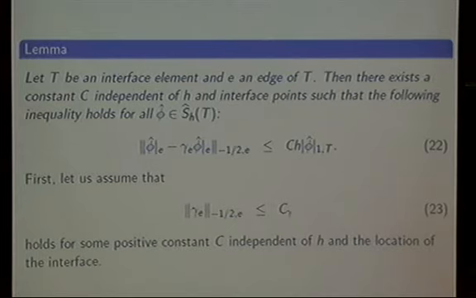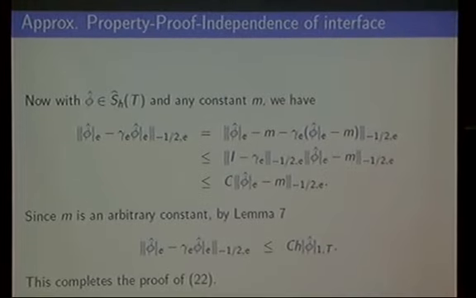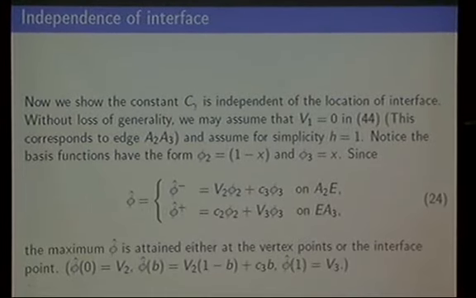Here we have to show the boundedness of this operator in the -1/2 norm on H. That should be independent. For each fixed gamma, fixed interface, this is bounded, of course. But the problem is, if gamma changes, the interface may change, and we have to show the boundedness. So let's skip some of the technical things.